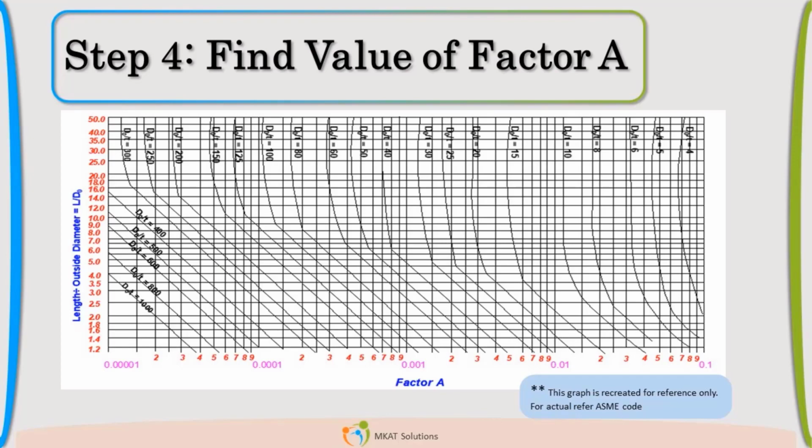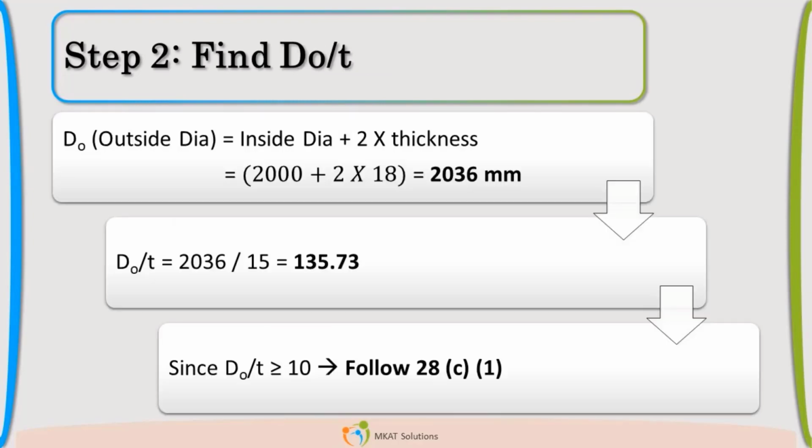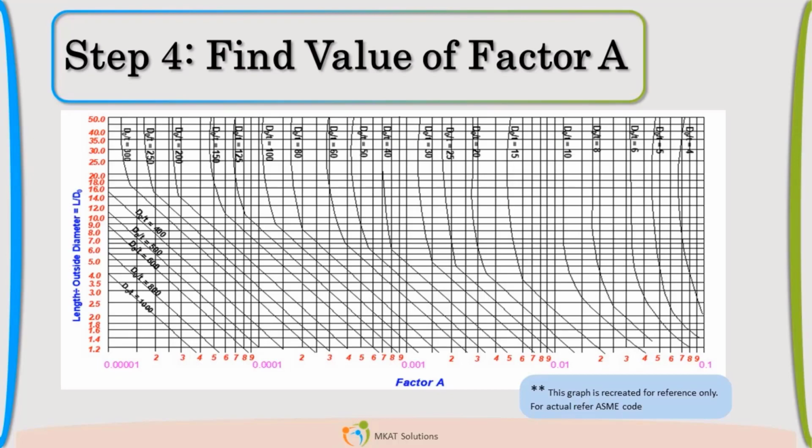Now what was our L by D ratio and D naught by T for factor A? Do you remember? L by D was 2.1, and my D naught by T was 135. So 2.1 and 135. Let us try to find out factor A from this graph.